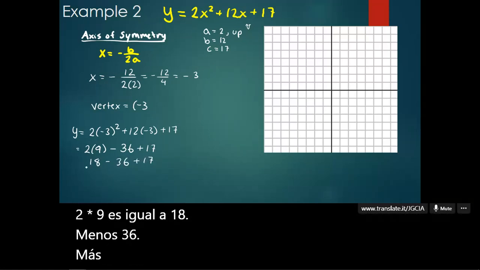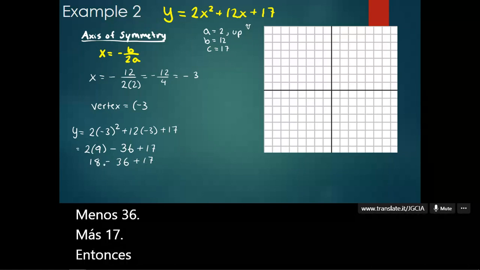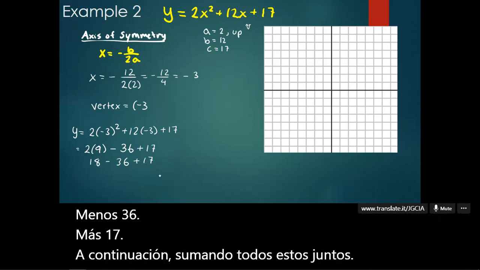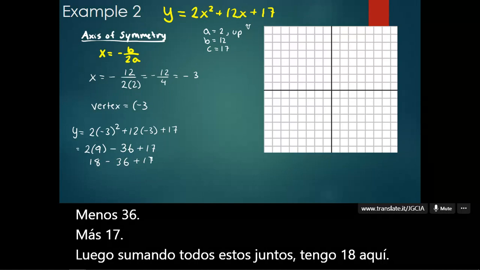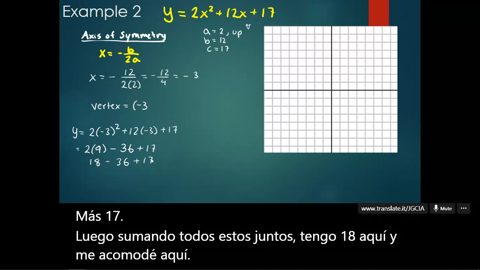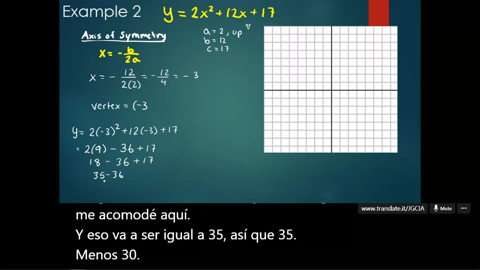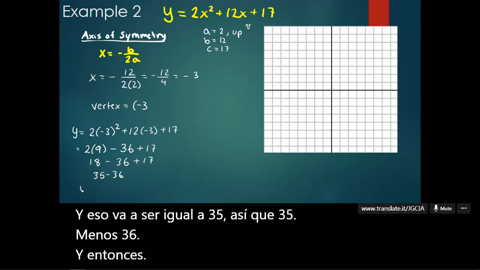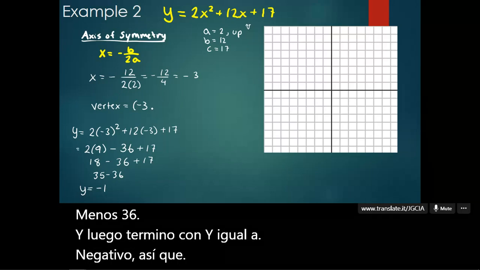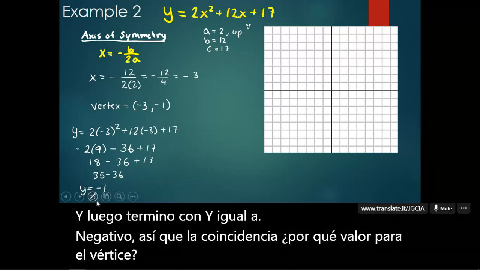And then adding all these together, I have 18 here and 17 here. And that's going to be equal to 35. So 35 minus 36. And then I do end up with y equals negative 1. So the matching y value for the vertex is going to be negative 1.